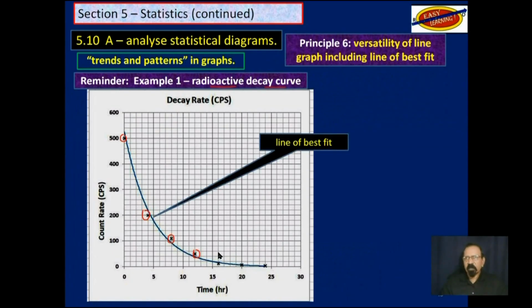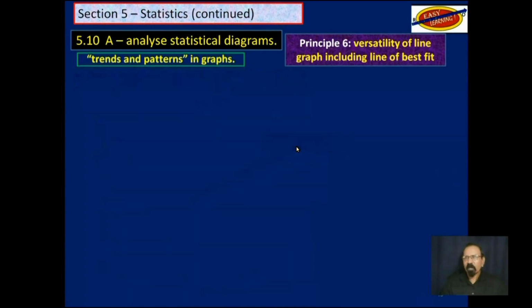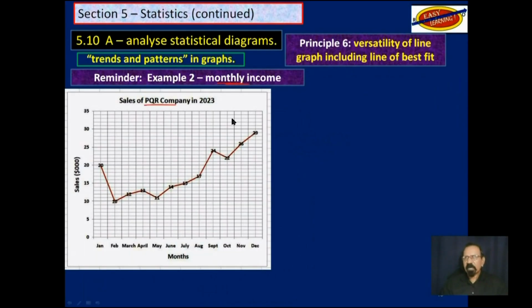Line of best fit. You can't do that with the other types of graphs, like a pie chart or a column chart. And then monthly income. This is an example we will look at later on in the same video when we consider pie chart and column graph.